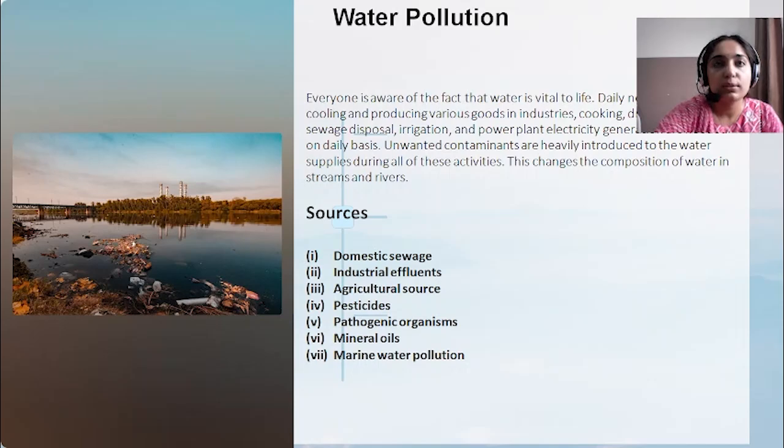Next source is pesticides. How do pesticides contribute to water pollution? Pesticides consist of herbicides, fungicides, insecticides, and numerous nematicides. These include various harmful chemicals, hydrocarbons, and organophosphates.